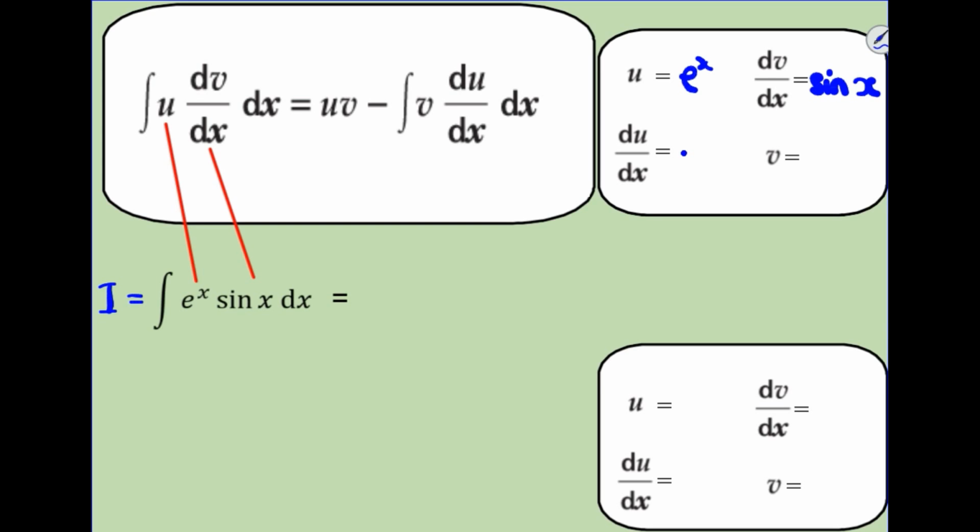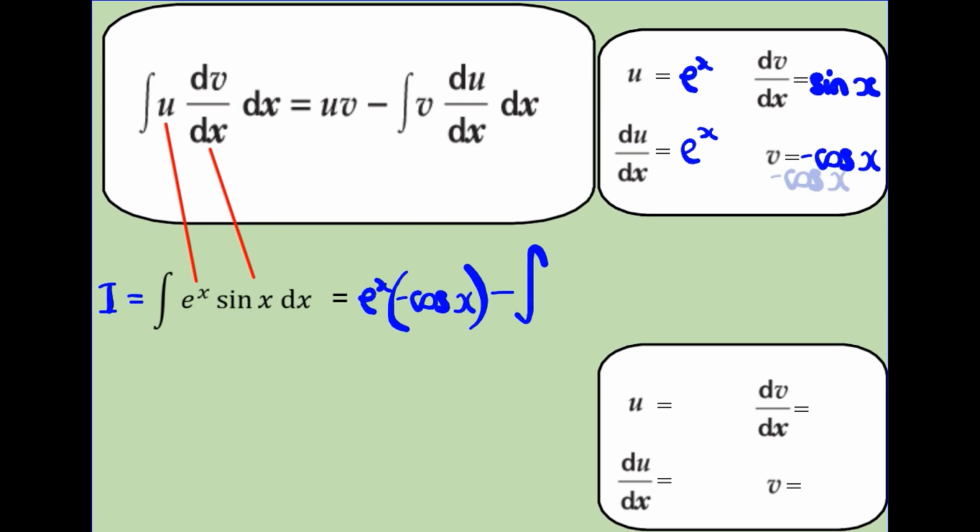So let's differentiate our u, which becomes e to the x, and integrate our dv by dx, which becomes negative cosine of x, and then let's complete the right-hand side of the formula. Here I get e to the x multiplied by negative cosine of x, and I subtract the integral of v du by dx, which is negative cosine of x multiplied by e to the power of x.